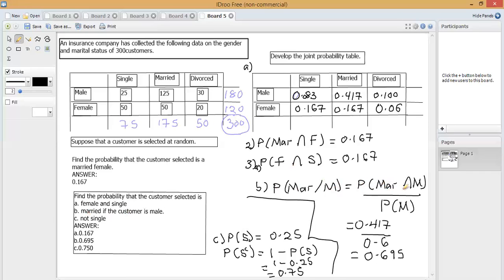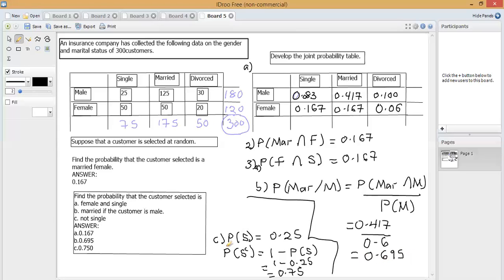Probability of married intersection male, we have here, male and married, this intersection, 0.417. Probability of male is the male row, add everything together. So 0.083 plus 0.417 plus 0.1 gives us 0.6. And 0.417 over 0.6 is 0.695.